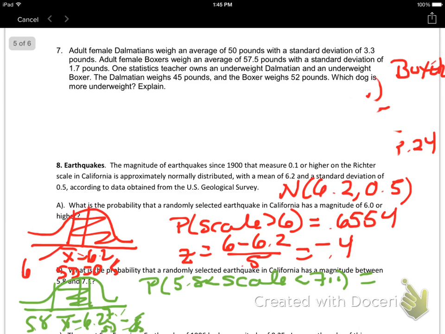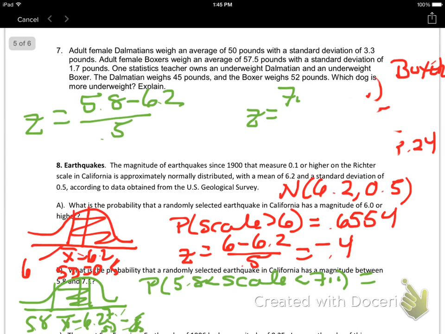Okay, so I have z is equal to 5.8 minus 6.2 divided by 0.5. And I have z is equal to 7.1 minus 6.2 divided by 0.5. Okay, so now I'm going to go find my z-scores. Okay, so I found my z-scores for both. And so now I'm looking up negative 0.8, and that's 0.2119.